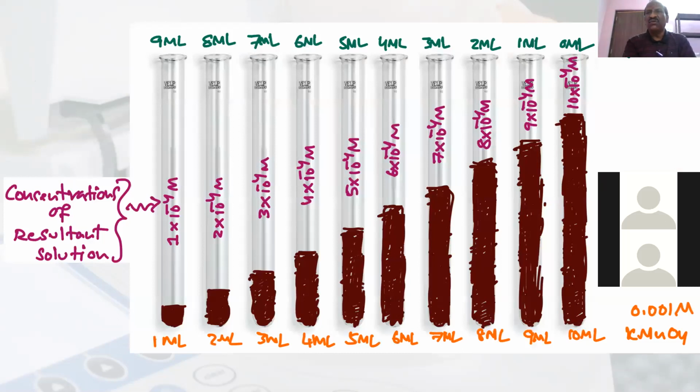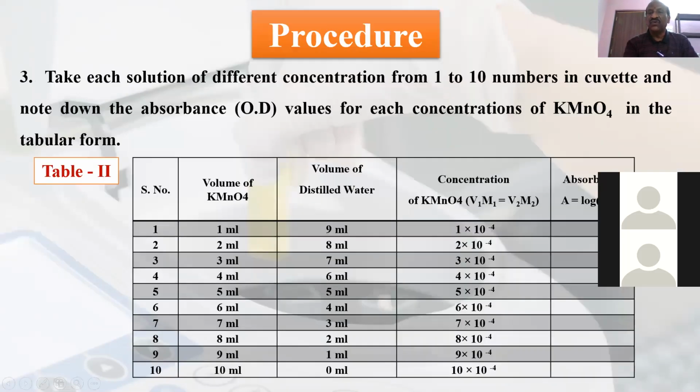Each solution you have to take into the cuvette and put in the slot, and note down the optical density. Like this, we will get the 10 values. Already we know the concentrations of those 10 solutions. We can calculate them by using the V1M1 = V2M2 equation.